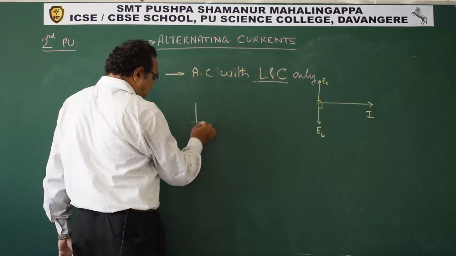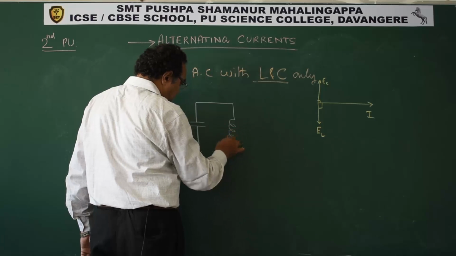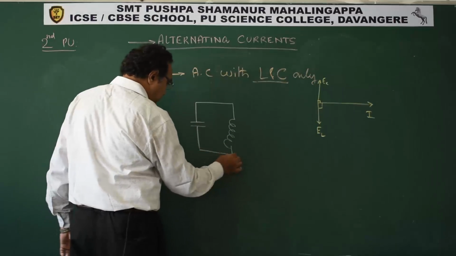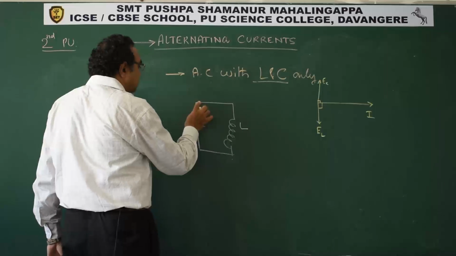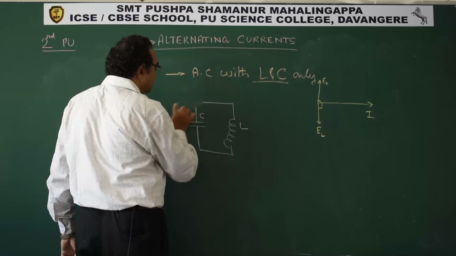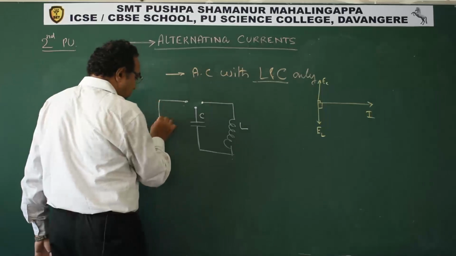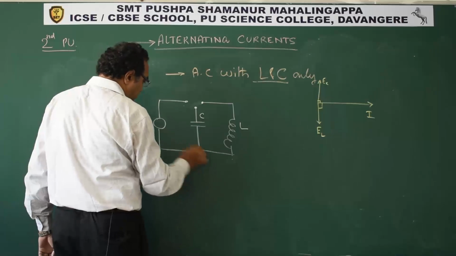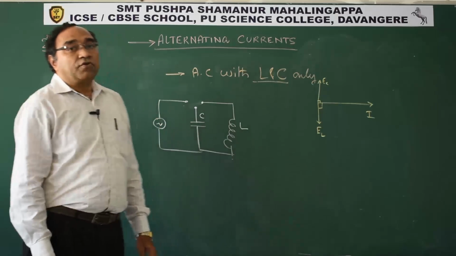Say we have this is C, this is L. We have connected a source like this.